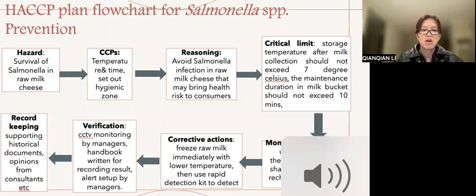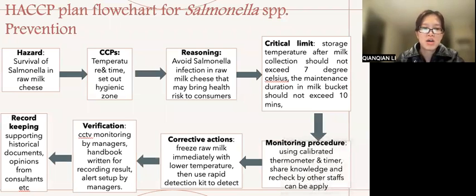So here we have a HACCP plan for Salmonella bacteria prevention, and HACCP is very popular prevention for many food businesses. It focuses on three areas: physical, chemical, and microbial.